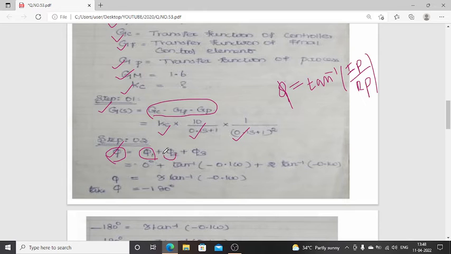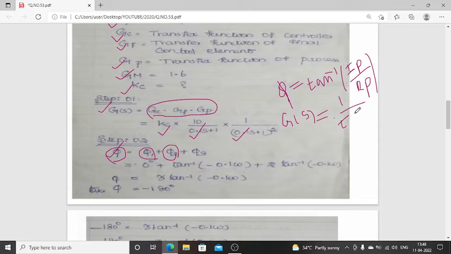The second transfer function is 10 by 0.1s plus 1. This is first order. The first order transfer function G of S is 1 by tau S plus 1.